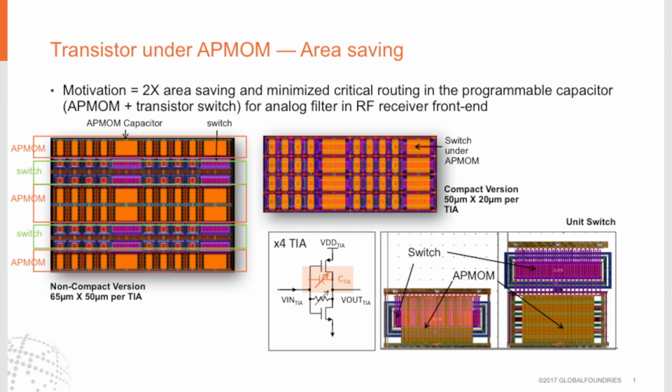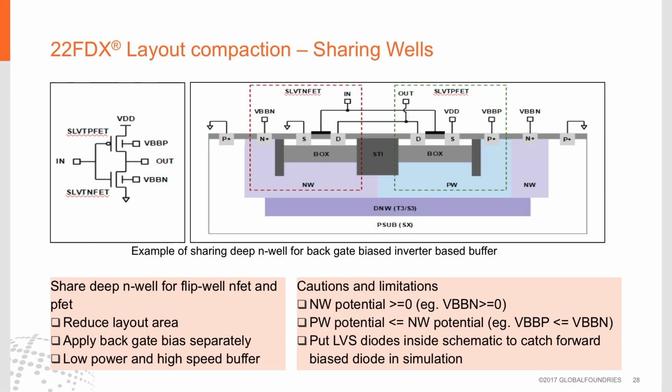You can see the end result area is 65 by 50 microns and is spaced APMOM switch, APMOM switch, APMOM. The case on the right is the same circuitry, but we've moved the switch circuitry under the APMOM, and the end result is a compacted version that is only 50 by 20 microns.